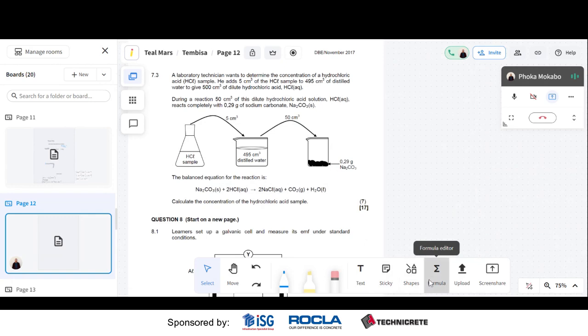So first things first, let us find the number of moles for the Na2CO3, because once we find that, we can at least translate it to this. Noting, by the way, the mole ratio of 1:2. Okay, no problem.